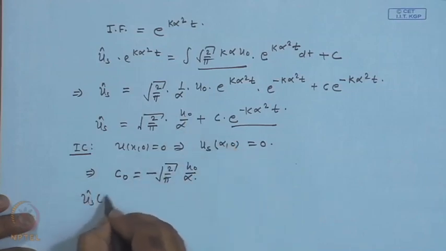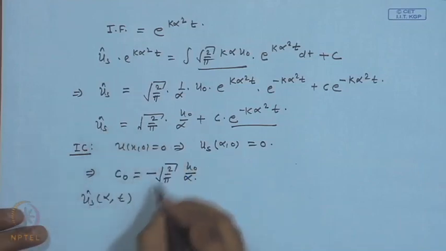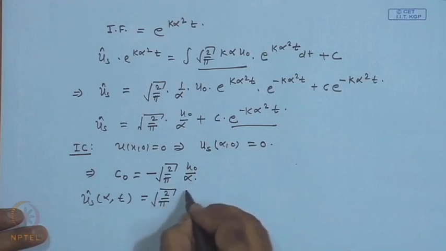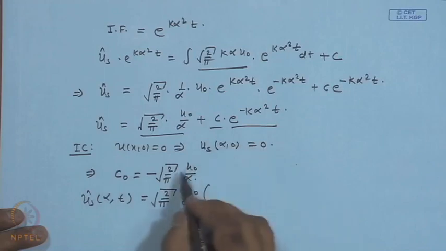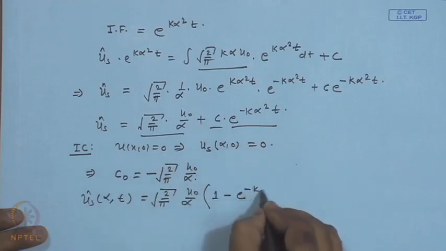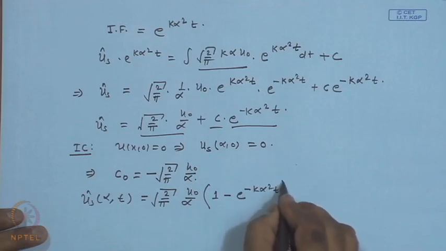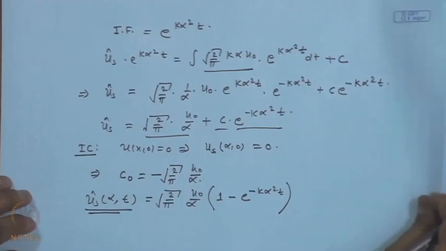So, we have this u s hat of alpha, t equal to square root 2 over pi, u naught over alpha. We take it common because c is also having this factor. So, we have 1 minus e to the minus k alpha square t. Now we take the inverse sine transform.